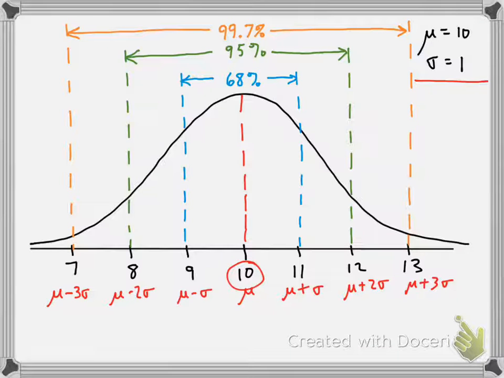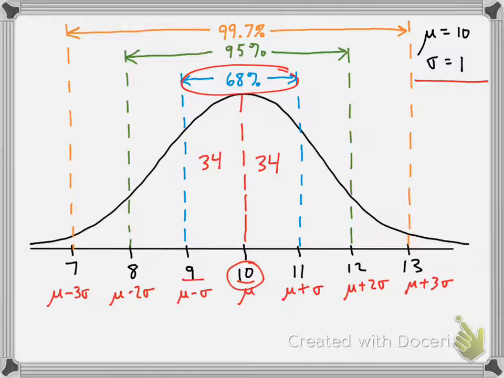So that symmetry is going to really help us, because if 68% of the data is contained within one standard deviation of the mean, if you cut that in half, then the section between the mean and one standard deviation to the right is half of 68, and then that little section between 9 and 10, so one standard deviation to the left of the mean and the mean, is also 34. So 34% of the data is contained to the left of the mean and then to the right of the mean. So that's the 34 and the 34.